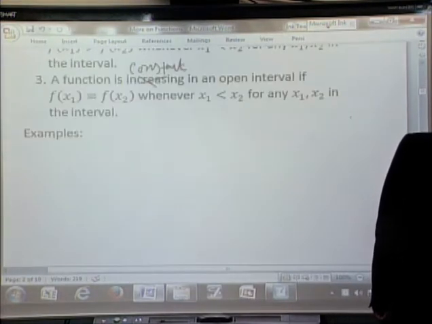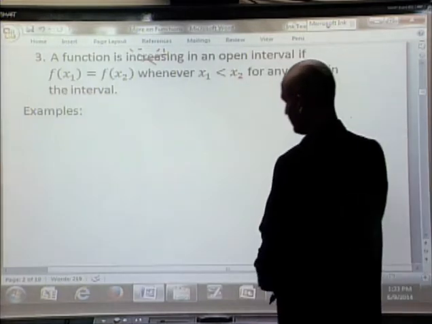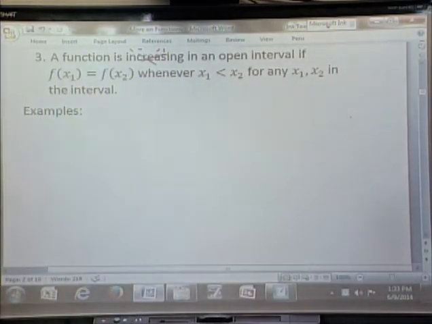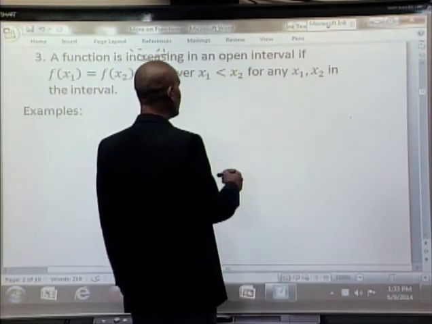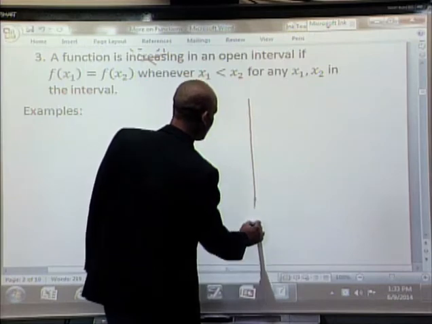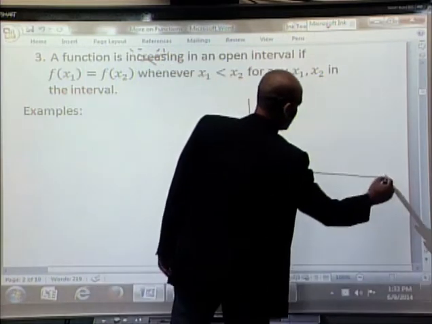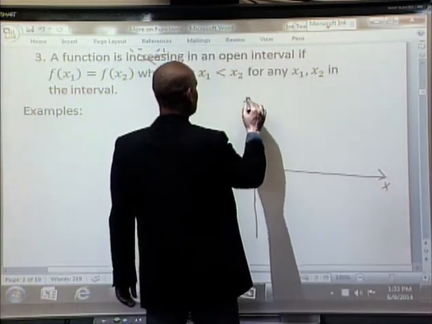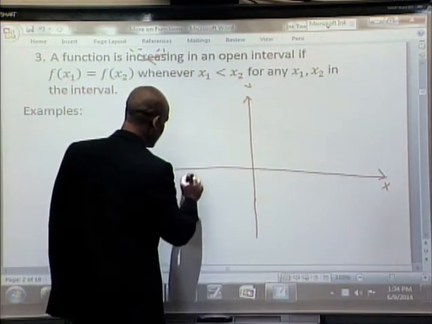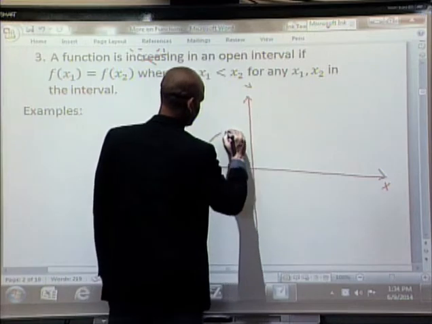Let us look at one example, and I will just draw a graph of a function, and we will see what we mean by increasing, decreasing and being constant for a function. This is our x axis, this is our y axis. Let us say we have a function something like this.